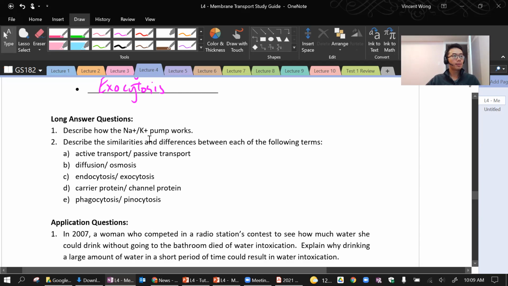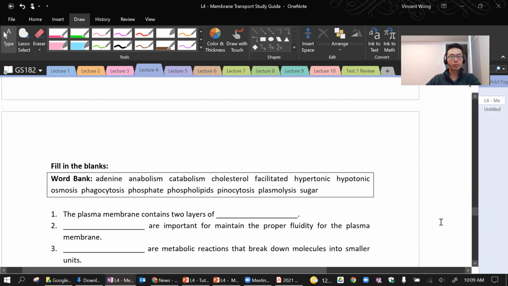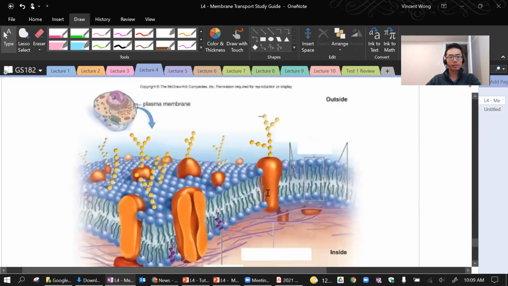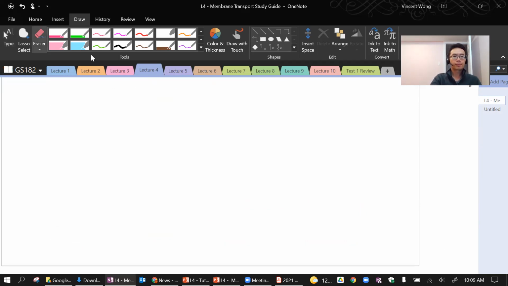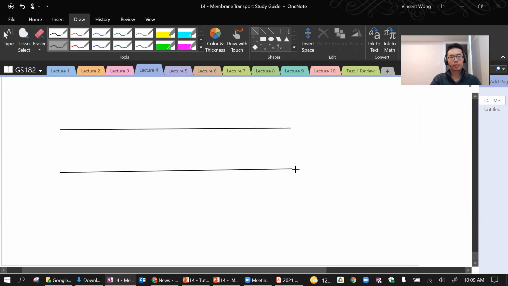The sodium potassium pump. Okay, no problem. Let's do that. I'll do it down here. I think I talked about that in the lecture, but here we go again.